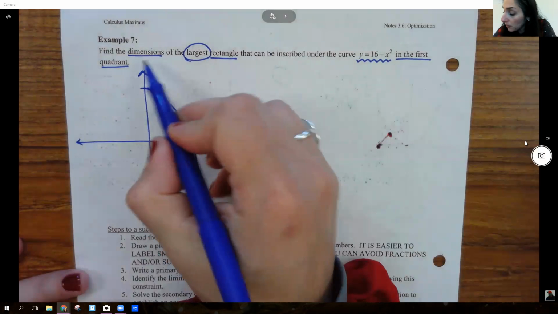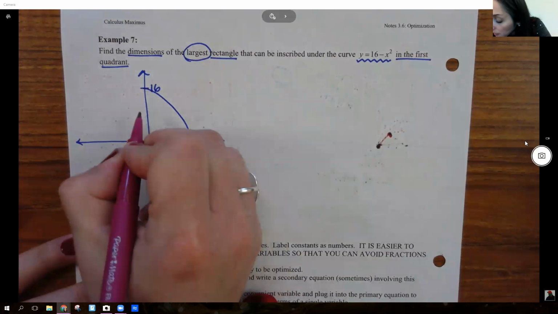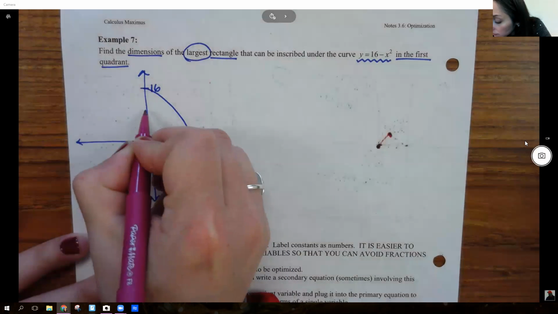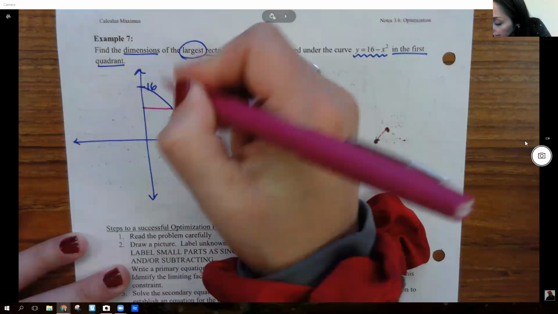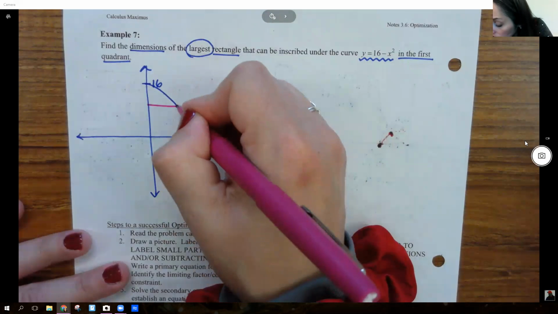We're drawing, what are we making here? We're making a rectangle with that. So the rectangle has to be under the curve. That means the corner point has to touch the curve, but it can't go outside the curve.